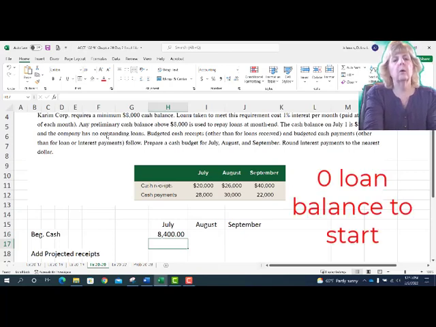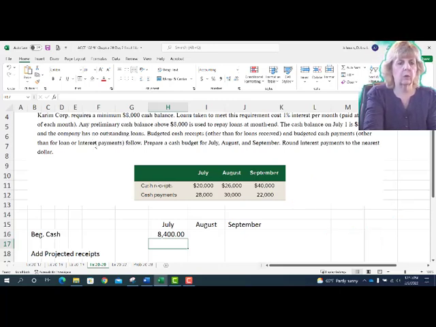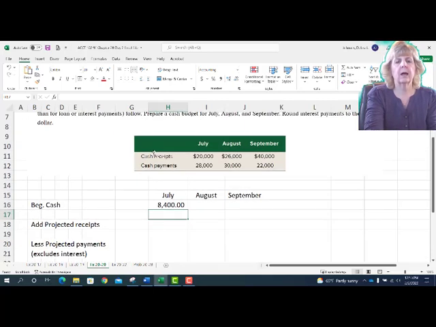So right now, their loan balance is zero. That means there will be no payment required for the first month. That may change depending on whether we need to draw against that probably line of credit. Budgeted cash receipts other than for the loans received and budgeted cash payments other than the loan for interest follow. And our goal is to prepare a cash budget for July, August, and September.